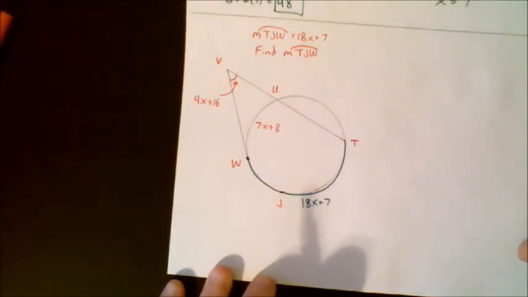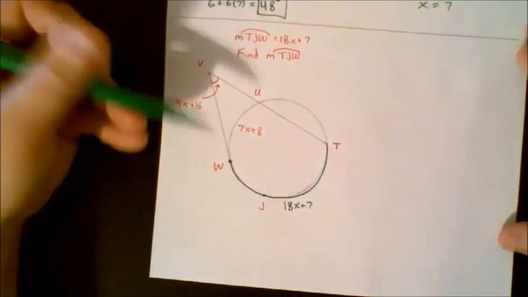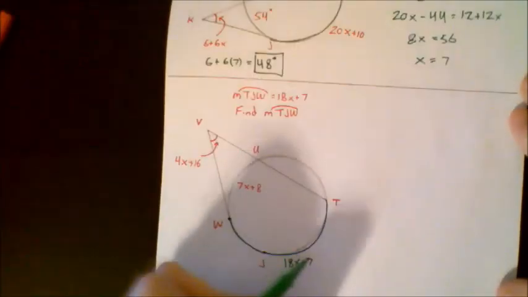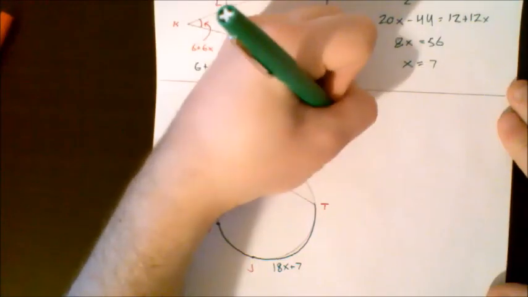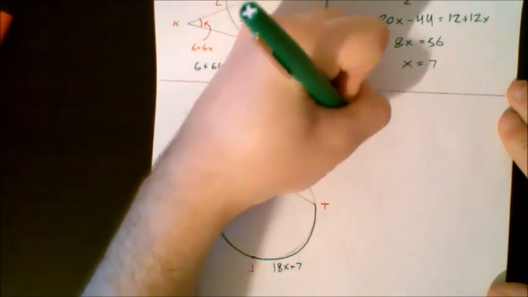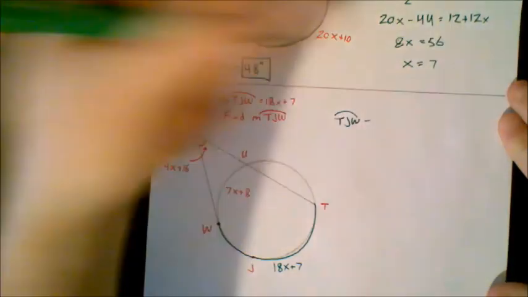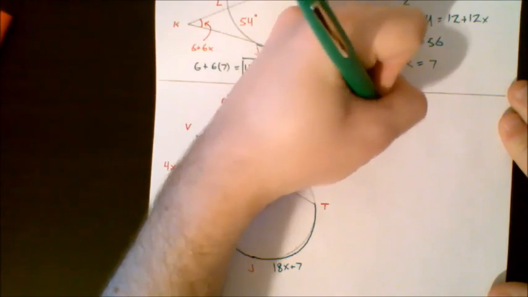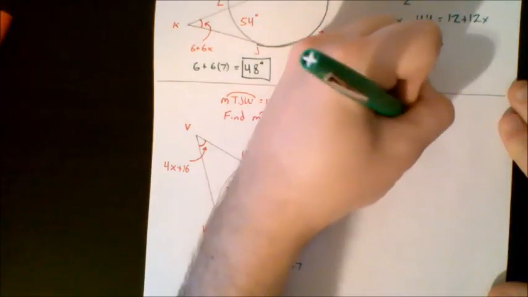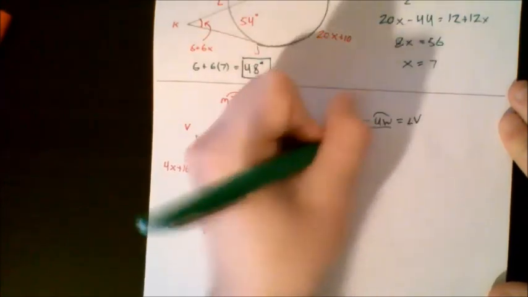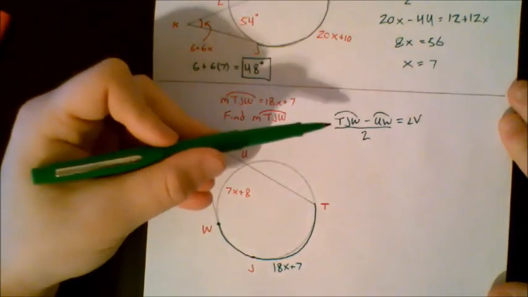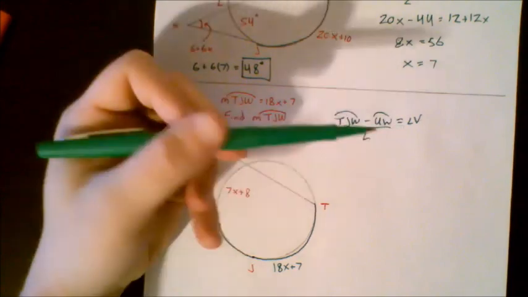There is one thing on this problem where we have to be extra careful. So big minus small, so arc TJW minus arc UW equals angle V. Oops, we have to take this and cut it in half. Arc TJW minus arc UW divided by 2 equals angle V.